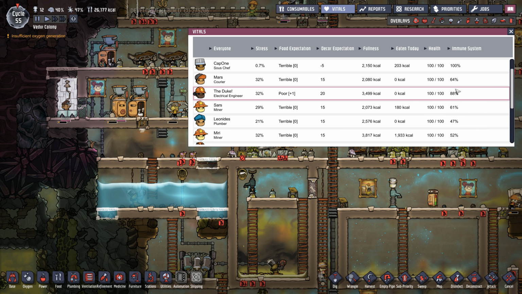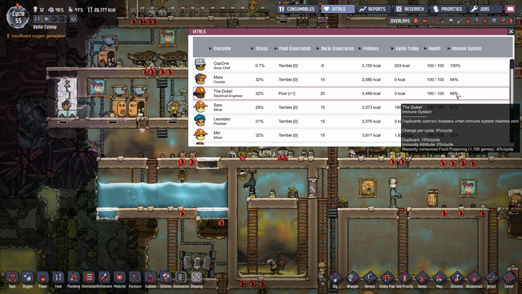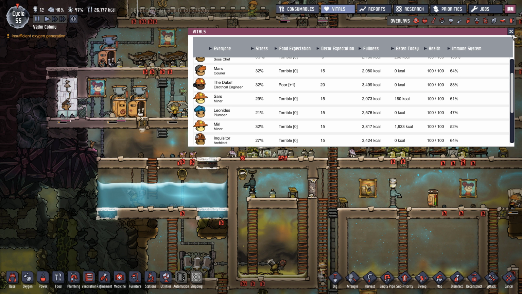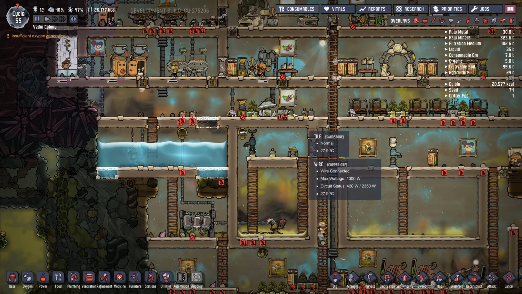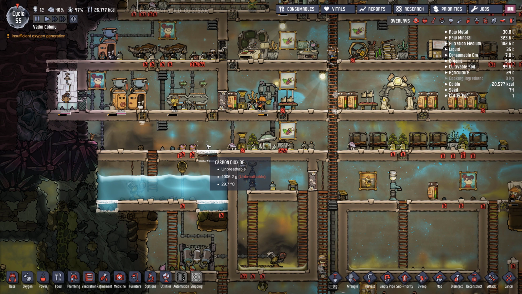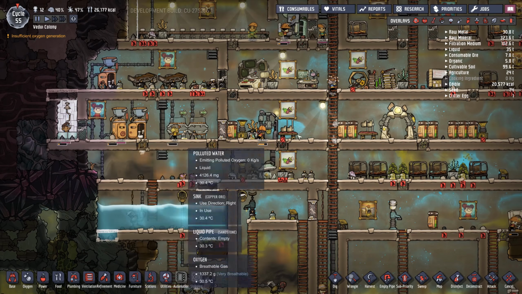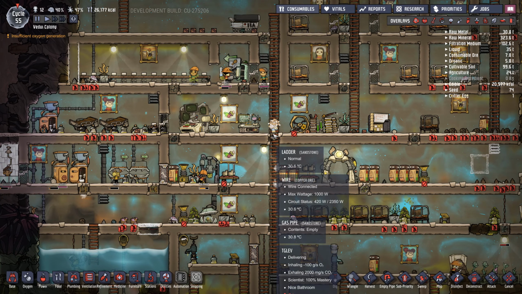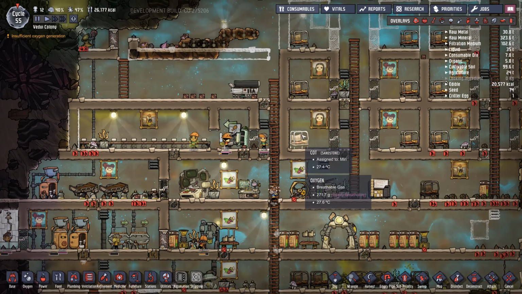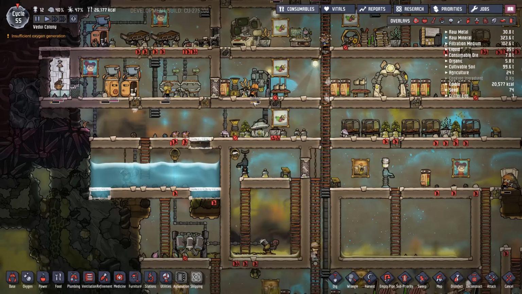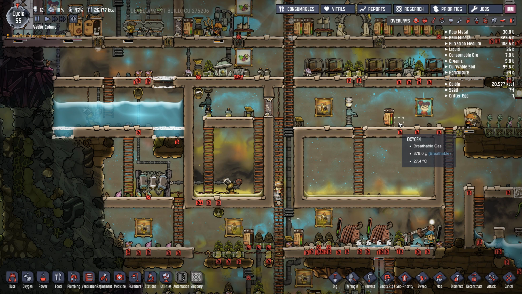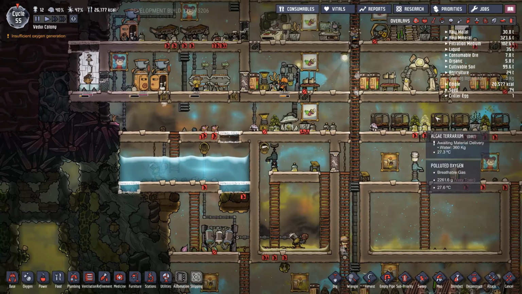And I basically spent probably about 2 hours figuring this out, because what was happening was that I was suddenly just seeing all my duplicants catching food poisoning, and then they were throwing up, and then they got better, and then they got food poisoning again and again and again. So I basically had all my duplicants getting food poisoning over and over again, and of course that kills the colony.